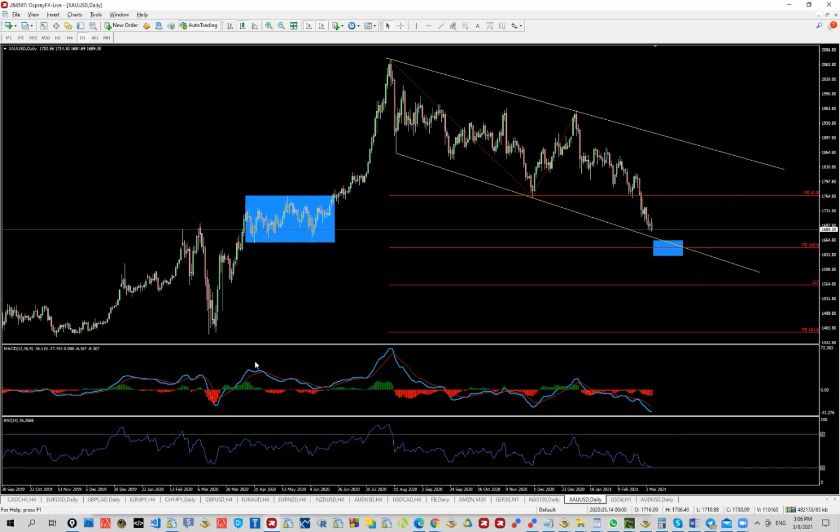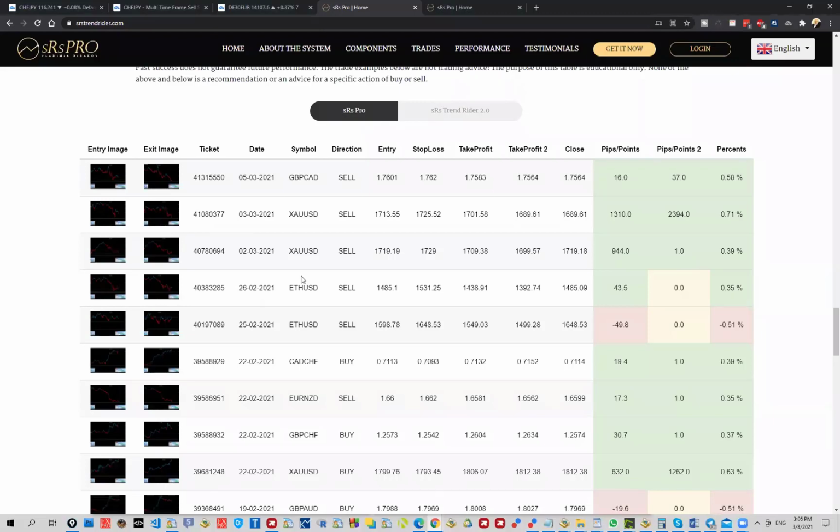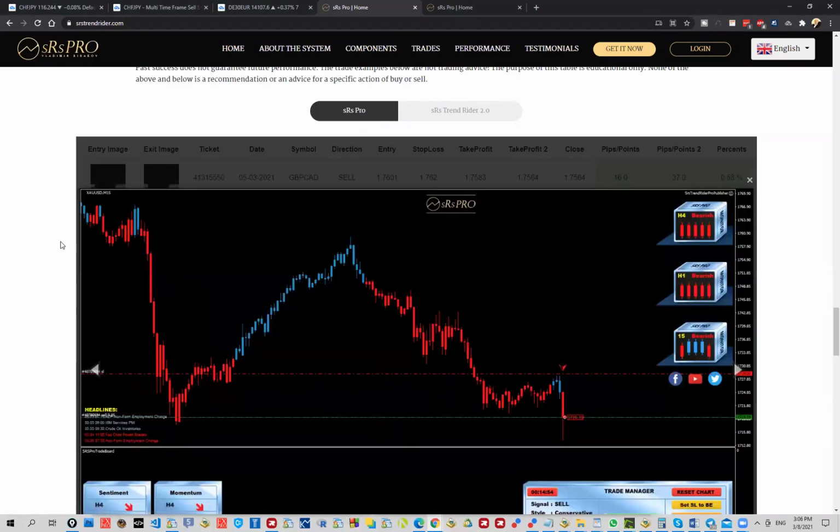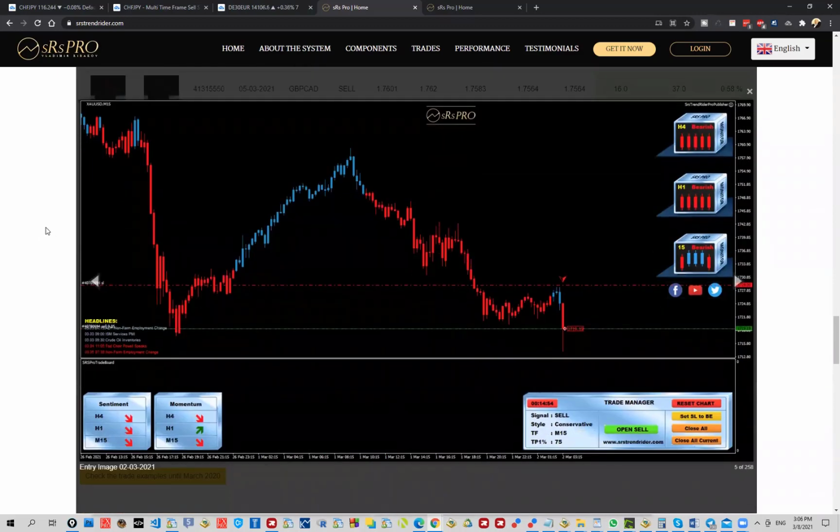That being said, this is the reason why we're overall looking for these bullish, bearish scenarios in gold on the lower time frames.